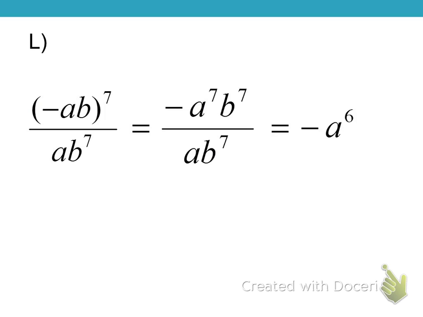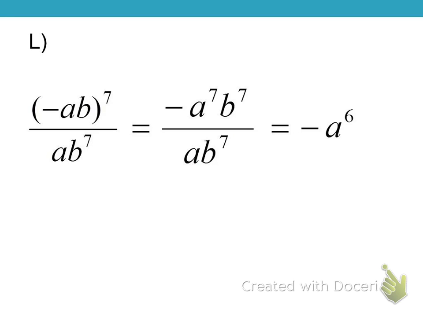But what would I need in order for that to become positive? Another negative. Yeah, you'd need these guys, right? In order for us to keep the parentheses with the exponent, you would have had to have a negative a on the bottom too. Okay? That's why that works out like that.